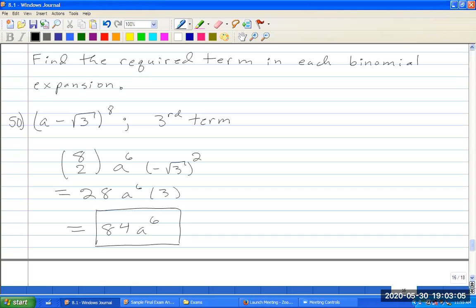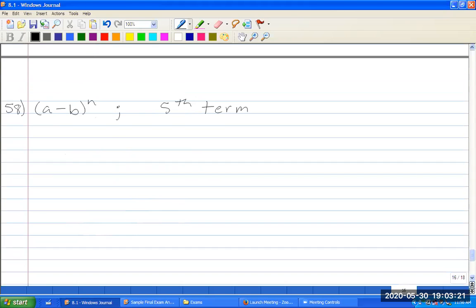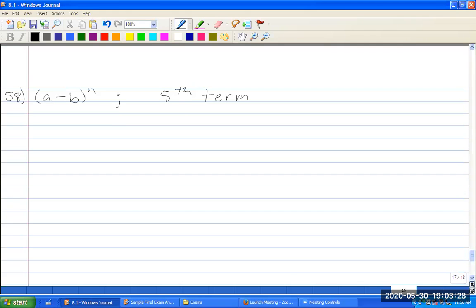our expansion. Third term meaning starting with a to the eighth as being the first term, other direction. But okay, we're not in statistics. So let's find the fifth term.